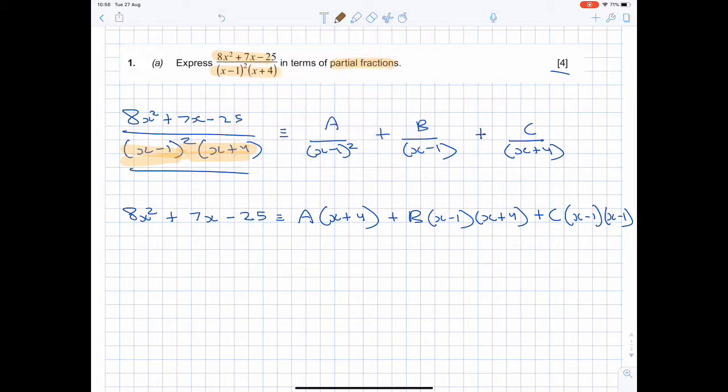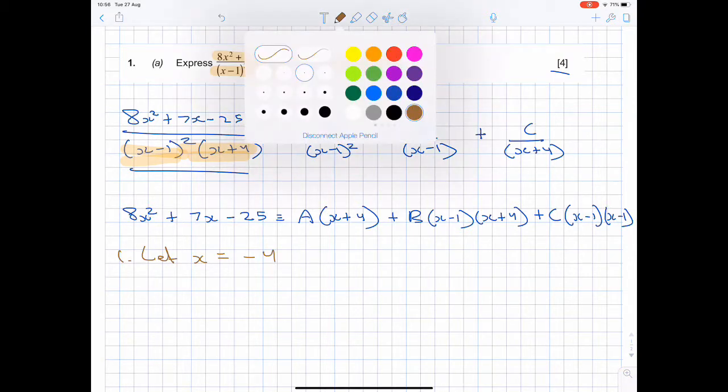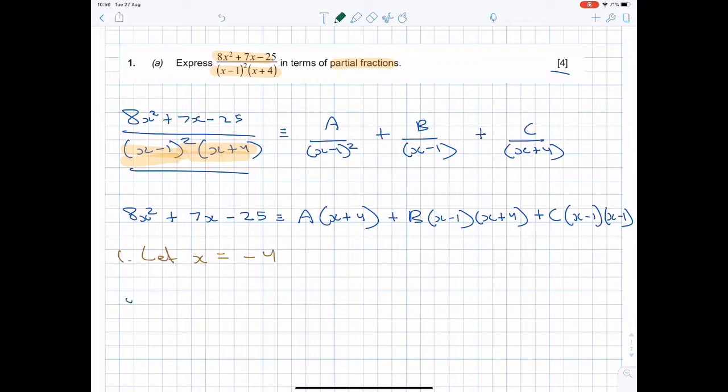Now for our x values, I'm going to put in minus 4 first so that we can find C as our first letter. So let x equals minus 4. For our left hand side, I'm going to sub in 8 times minus 4 squared plus 7 lots of minus 4 minus 25, and we are finding C because A and B are just going to cancel out.